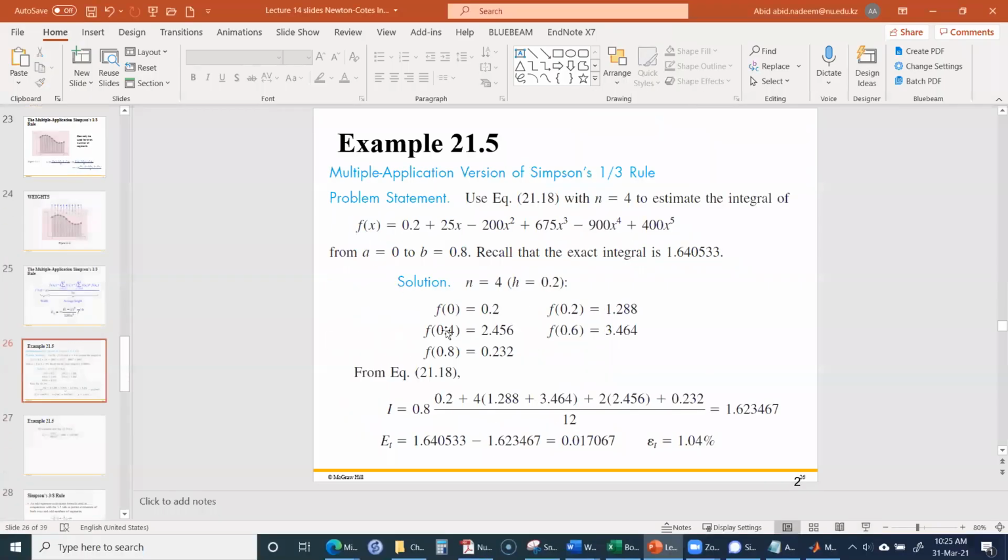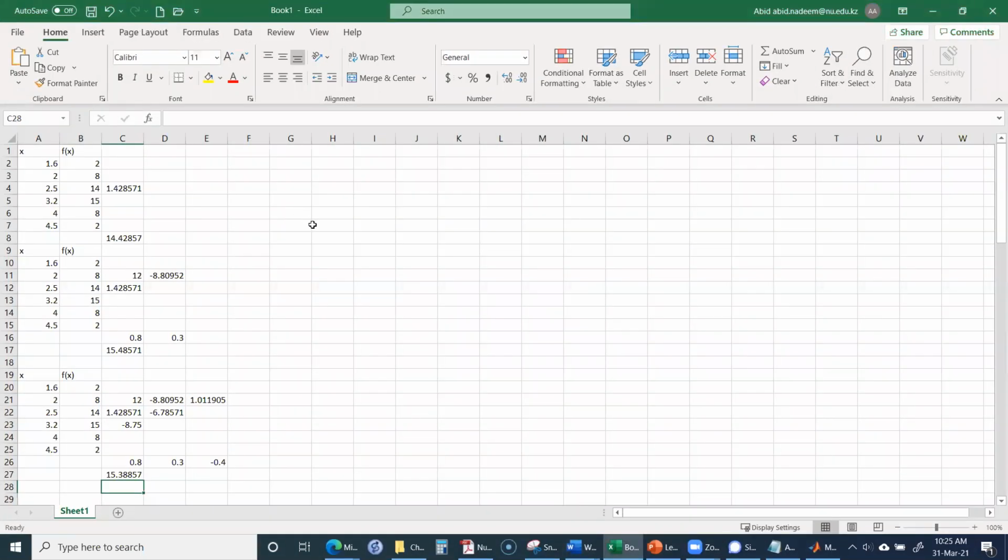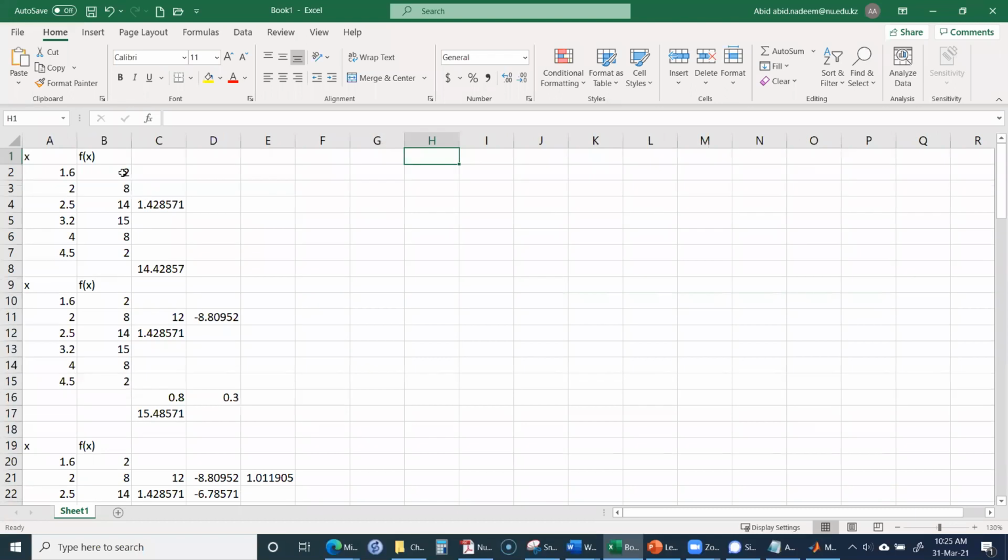So let's just do it in Excel to see how it goes.